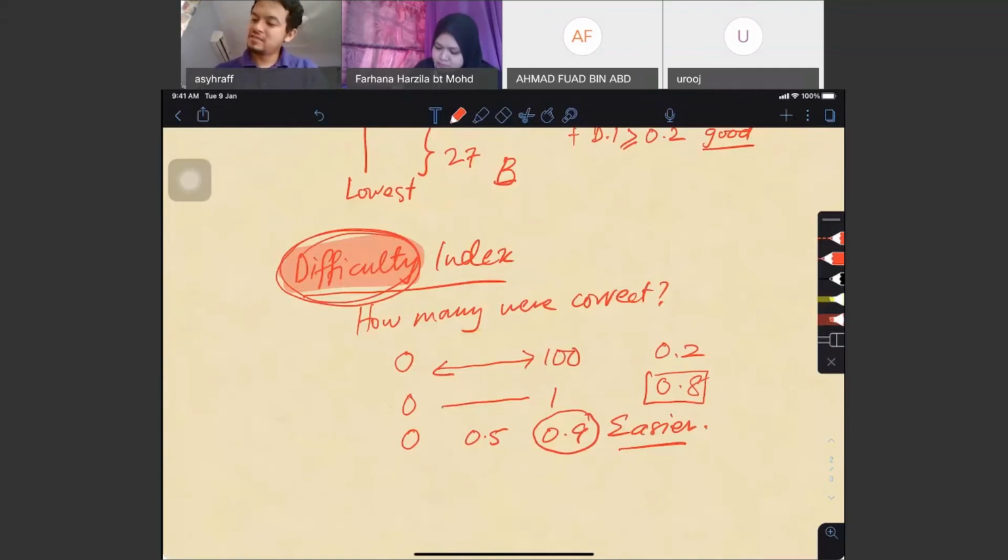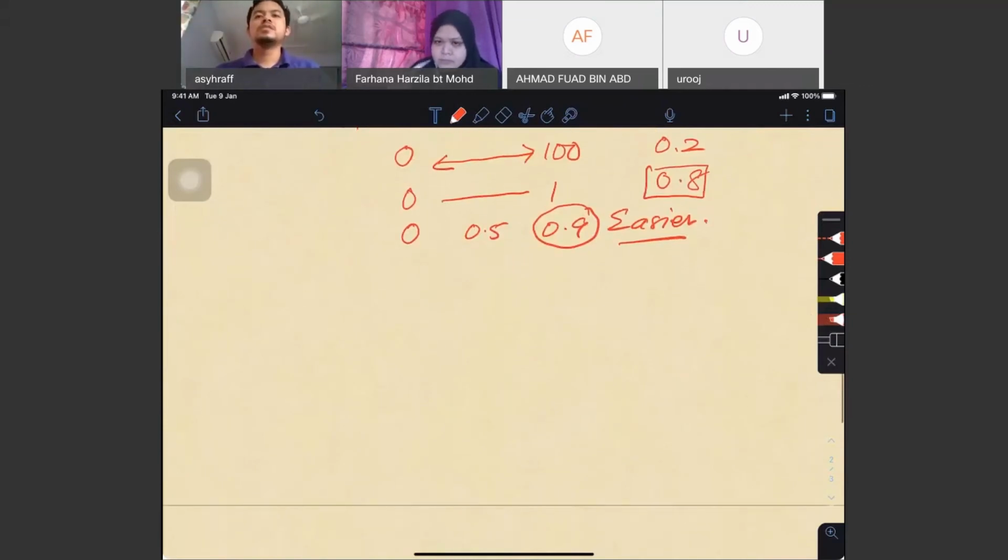So what's the link between difficulty and discrimination? The two we discussed earlier: discrimination differentiates between the highest and lowest groups, and difficulty is about the number who answered.